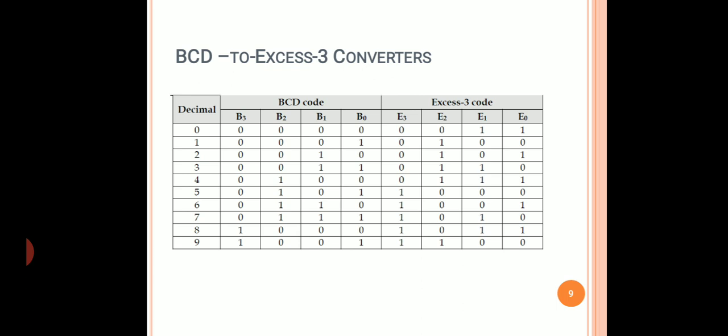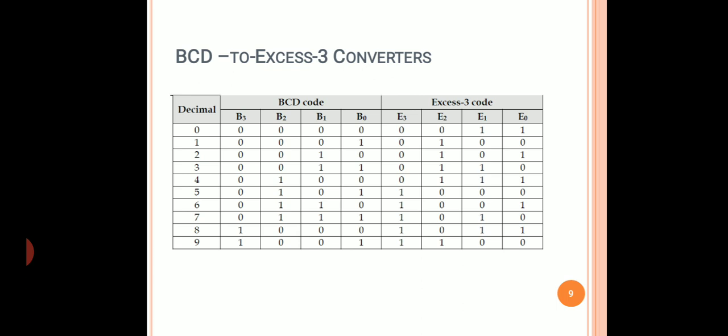For the numbers beyond 9, that is 10, we have to represent 1 separately and 0 separately, and for that we will require 8 bits. So this question is to design a 4-bit BCD to XS3 code converter.